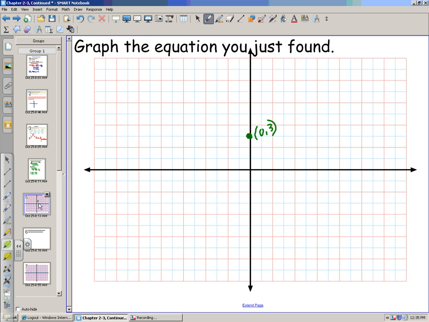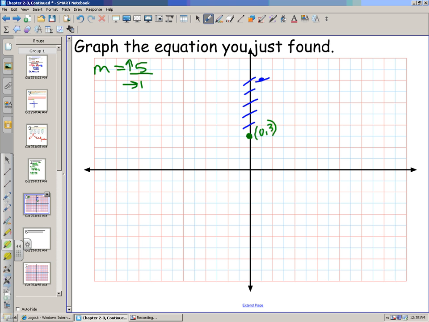So I've already graphed the point (0, 3) here, and from there, now I need to use my slope, which we already determined to be 5 over 1, and rise up and then go to the right 1 unit. So from my y-intercept, I'm going to go up 1, 2, 3, 4, 5 units. And then from that value, I'm going to go to the right 1 more to put me there.